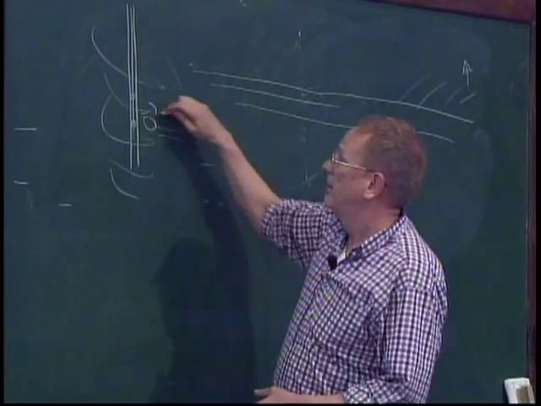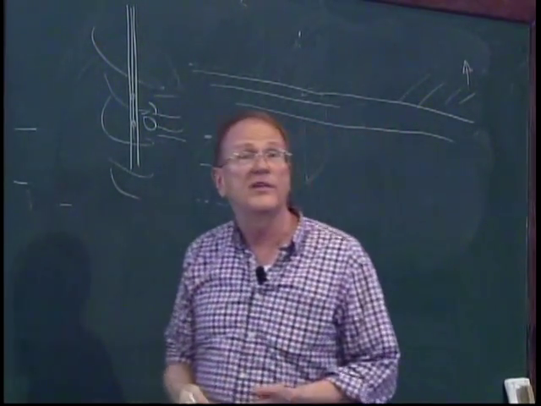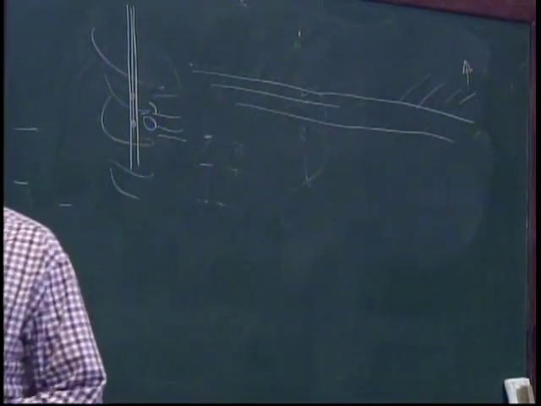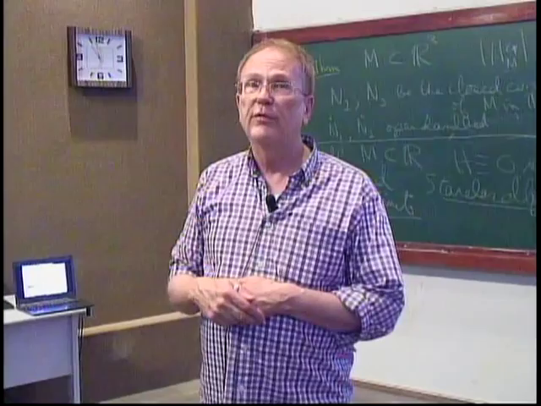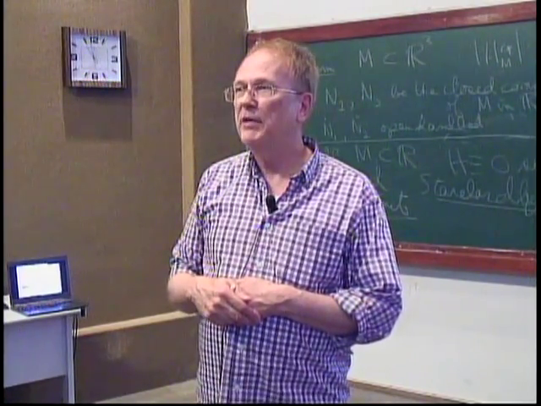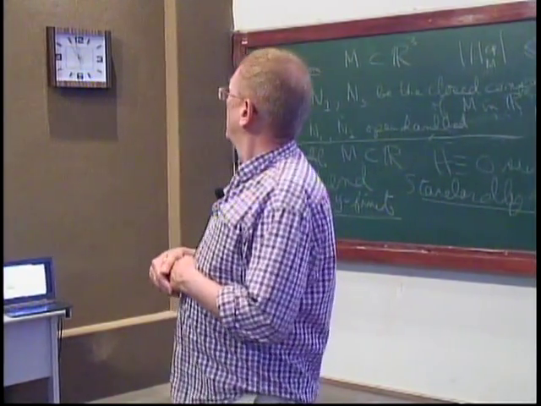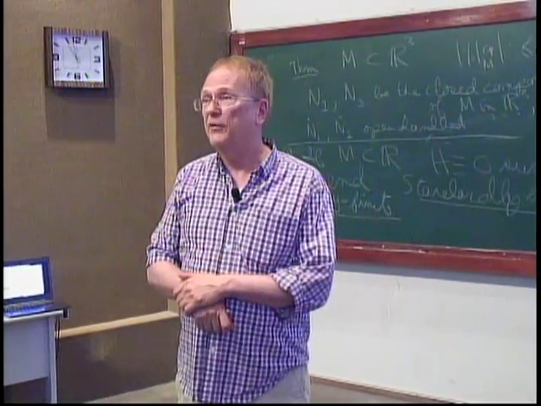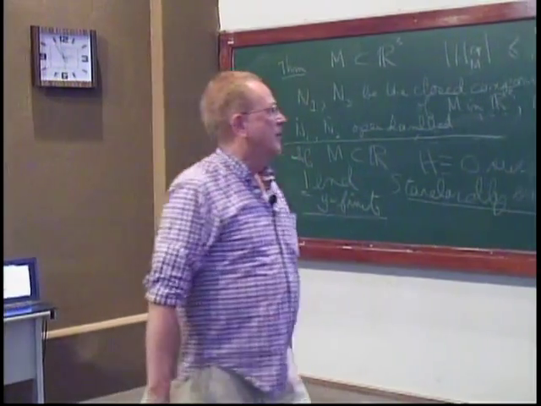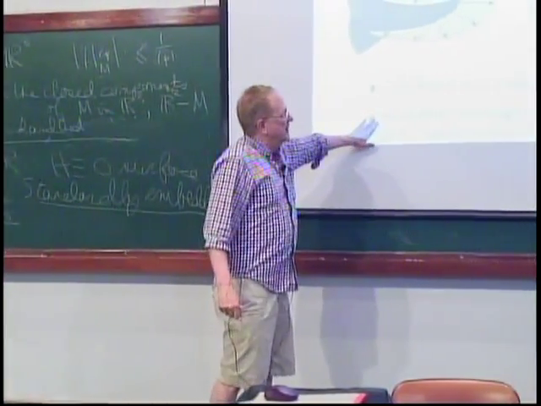That converges to a foliation of R3. So we can see that even though we have minimal surfaces, it's very natural that a sequence of minimal surfaces may converge to a foliation. And we're going to be trying to understand that as well. I don't know if we'll get to it today, but we're going to be trying to understand that concept. So this is very, very important for us, okay?